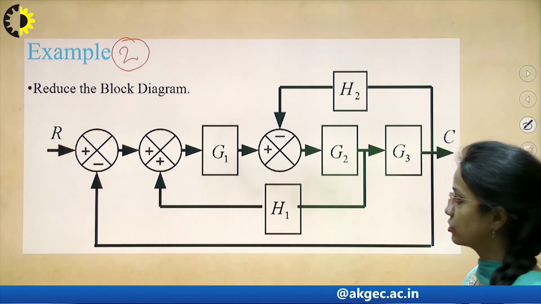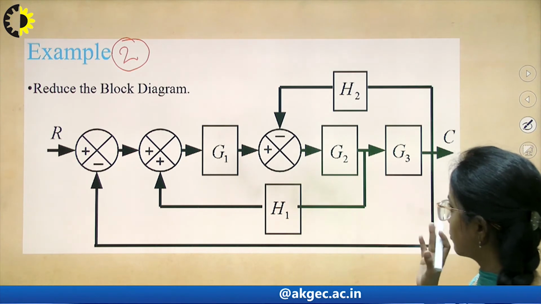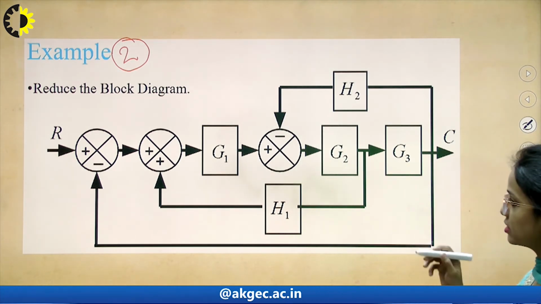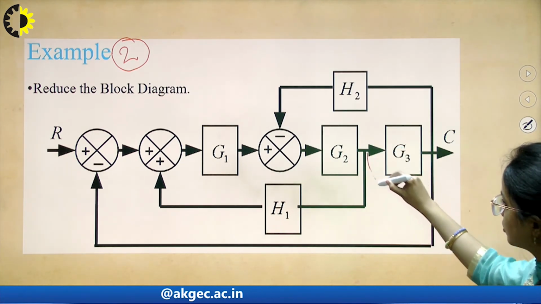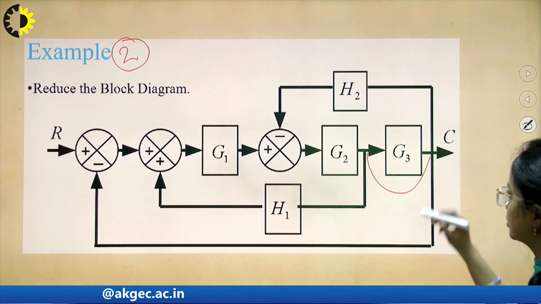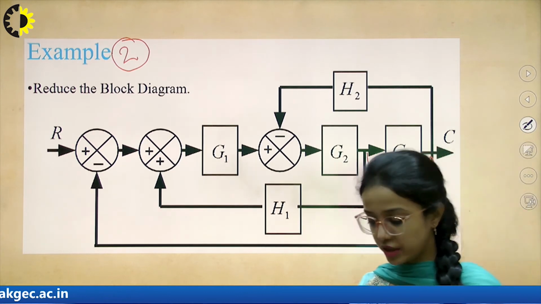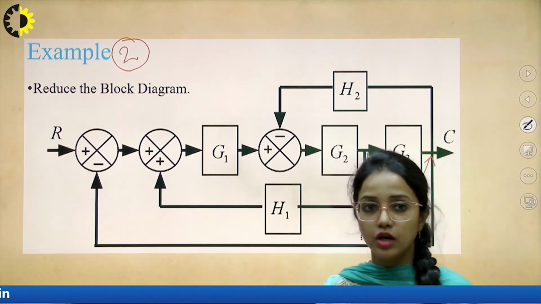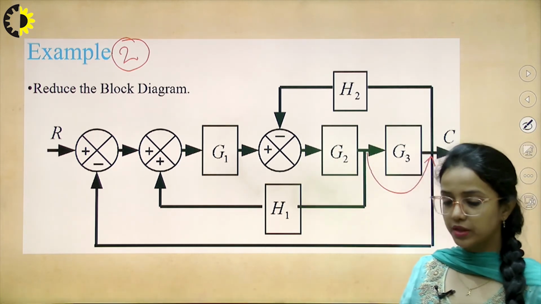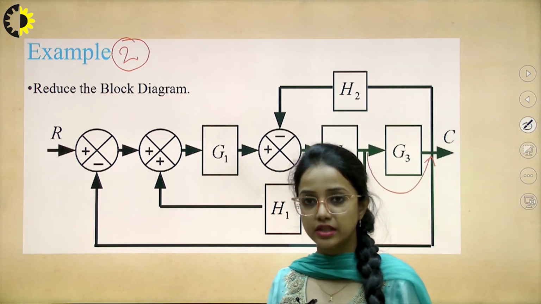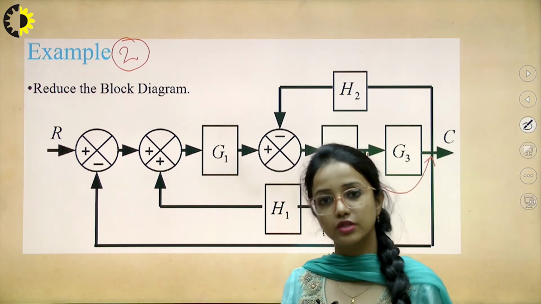At first sight, I can see that I need to shift this takeoff point here. There can be many options. A student can go for many options. Any option you opt, if you follow the correct reduction techniques, we will land up on the same answer.